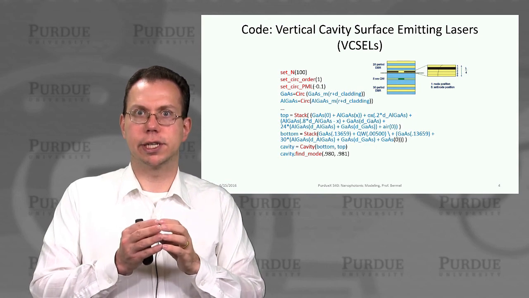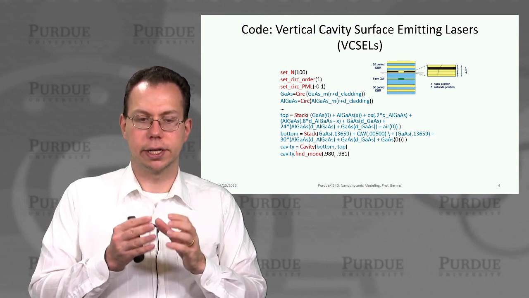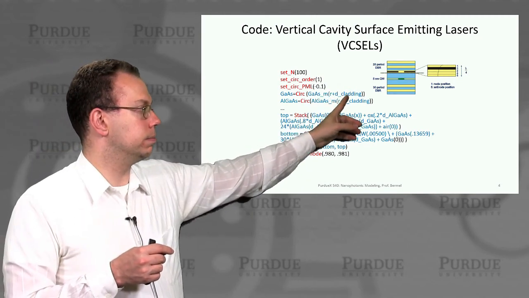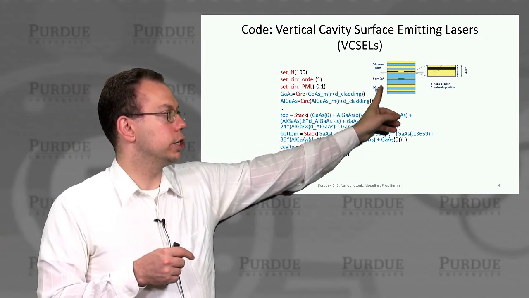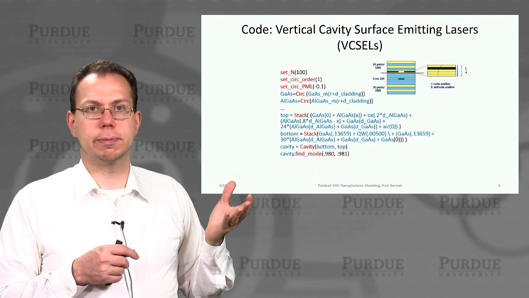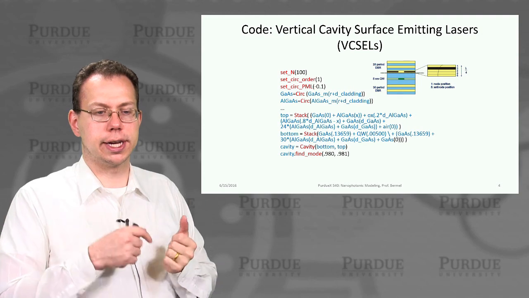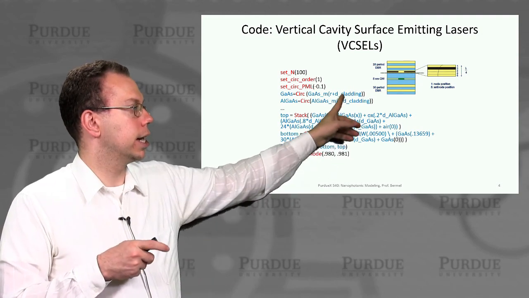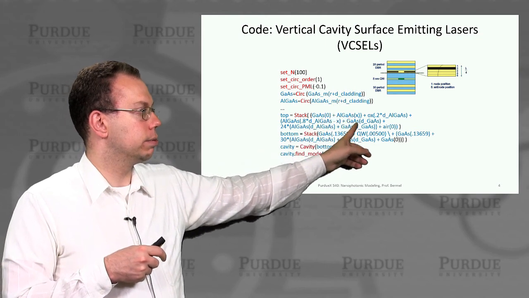And what's nice about this is you can use the cylindrical symmetry of the problem so that if it's circular, which is a very common form factor, then you can accurately solve for the modes in the VCSEL. And here we basically assume that we have two different materials, gallium arsenide and aluminum gallium arsenide, which are lattice matched. So that's why it's commonly made out of those two materials, because you get a high quality and easy growth process.